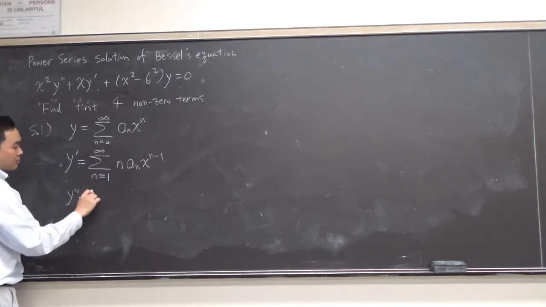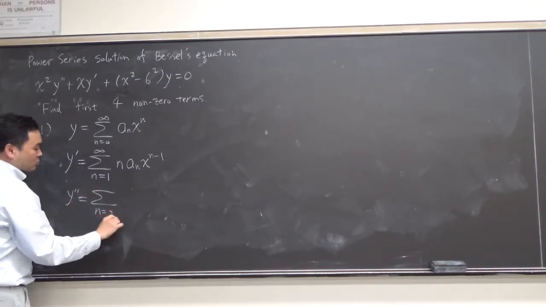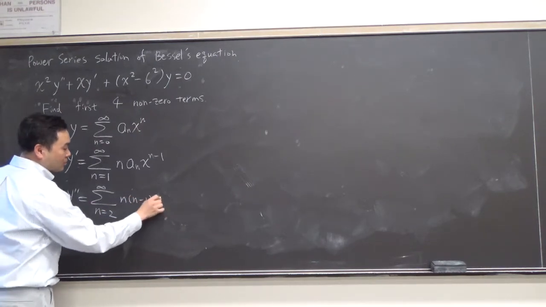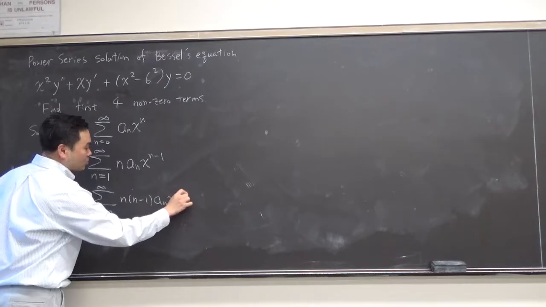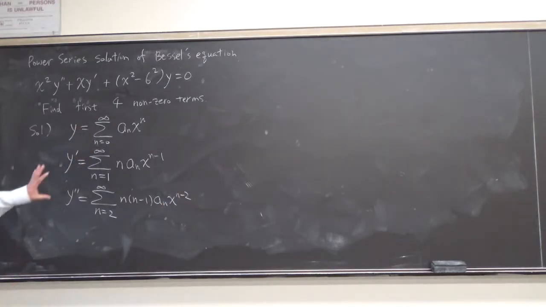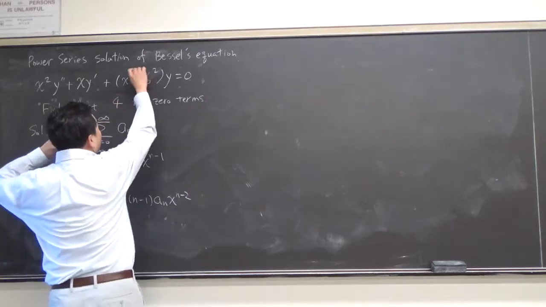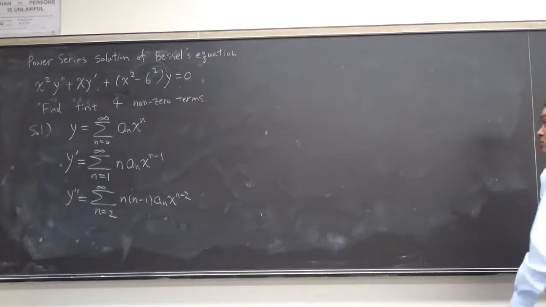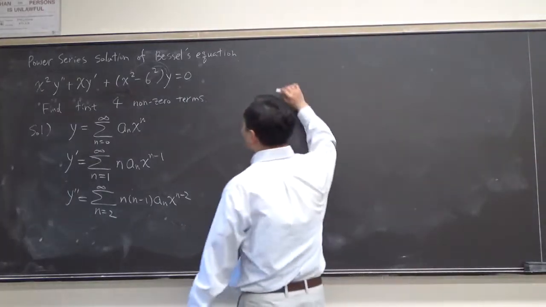For y double prime, n starts from 2 to infinity of n times n minus 1, a_n x to the n minus 2. Plug everything in here, but as I said, you really want to distribute terms if you have more than one term inside the coefficient.